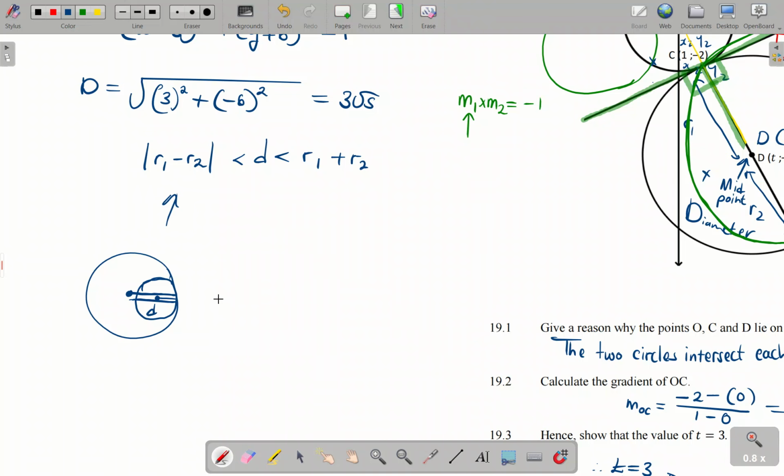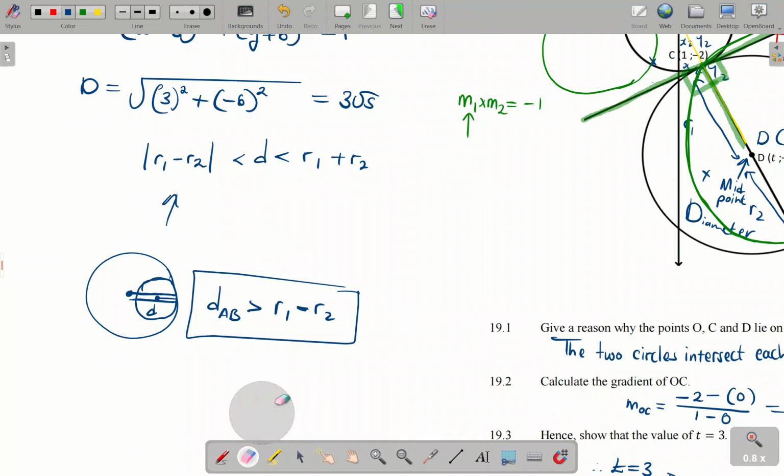So I'm just going to say the distance is greater than R1 minus R2. So whenever you have a circle inside another circle, this is the equation that you're going to use. The distance between their centers is greater than the subtraction of their radii.